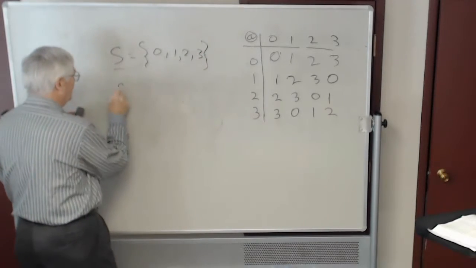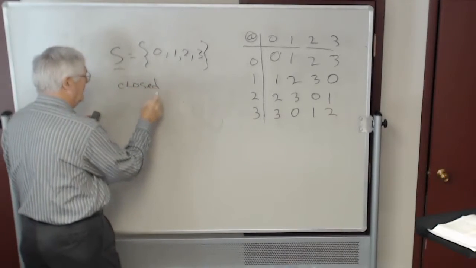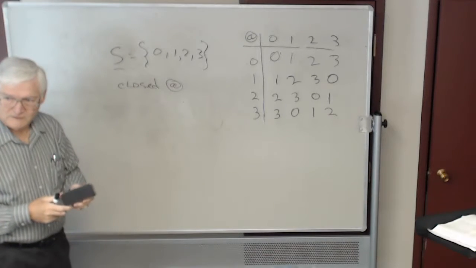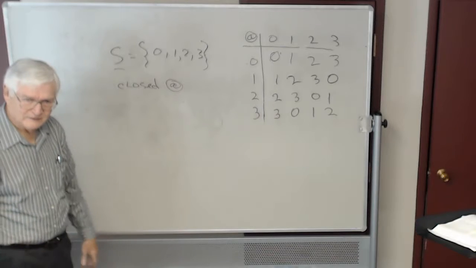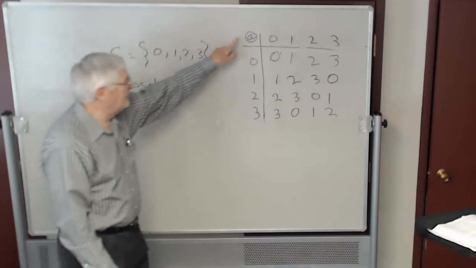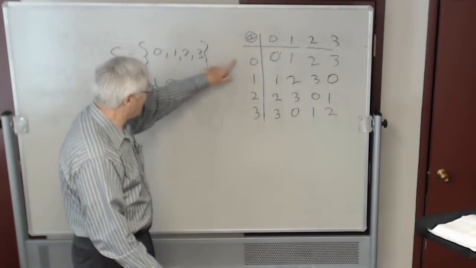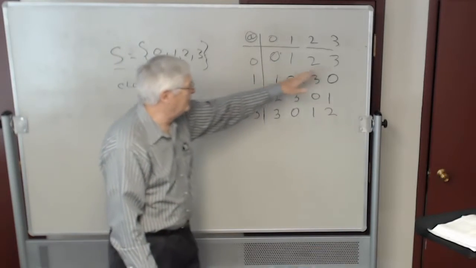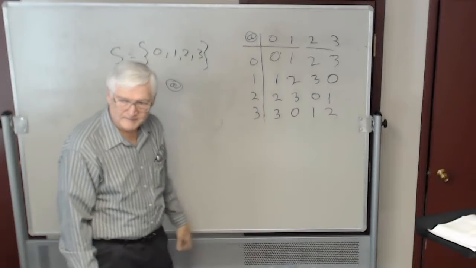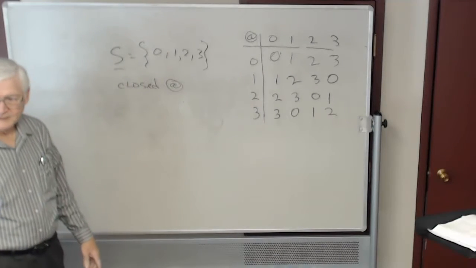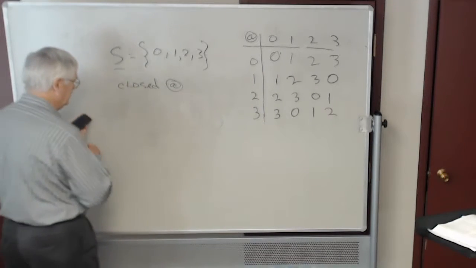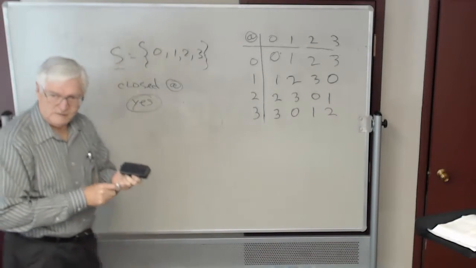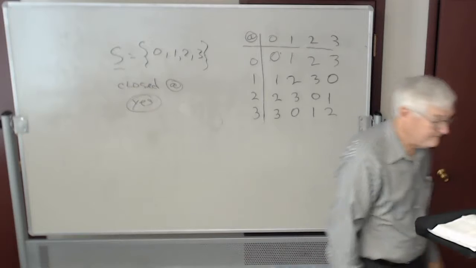Is S closed under the operation of at? Now, what did we just ask? When you do this operation with these 4 elements, do you get one of those 4 elements every time? So, yes. Yes, it's closed. Okay?